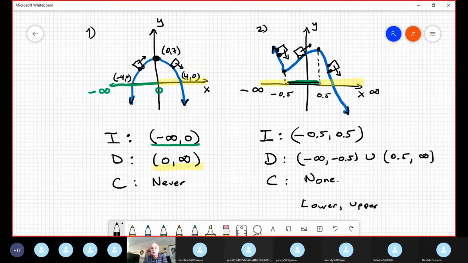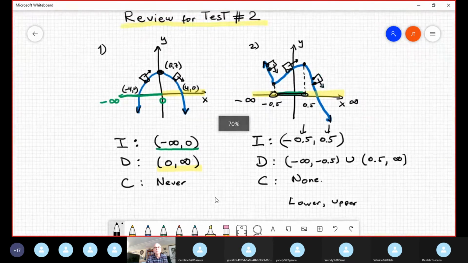For example, in this interval we go from negative 0.5 to positive 0.5, lower then upper. If you switch the order, it's incorrect. Any question? Super clear?